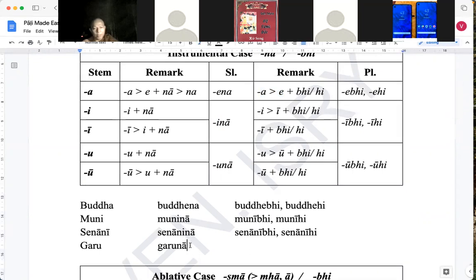So that is why here, Garuna. So for plural, Garubi. And then Garuhi.